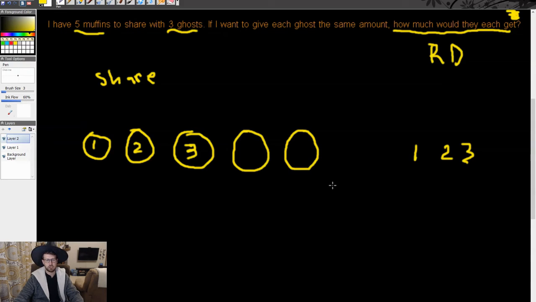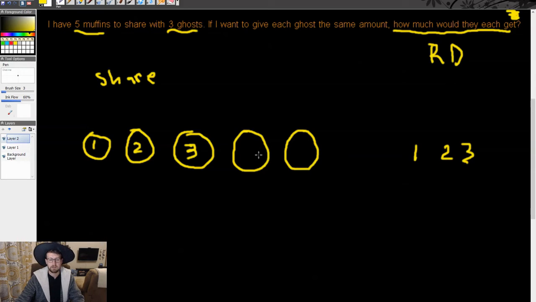But now we have these 2 left. That's not enough to split them evenly among these 3 people. But if we had muffins or cupcakes or something to share with me and my brother and sister, we're not just going to get rid of these or figure out someone else to get them, right? I'm going to cut them into pieces. How many pieces do I need to cut these into in order to share them with my 3 ghosts? Well, it's easy.